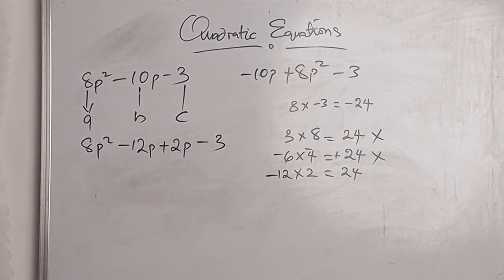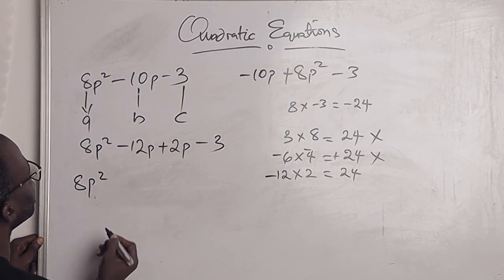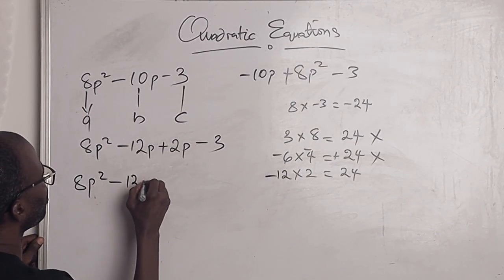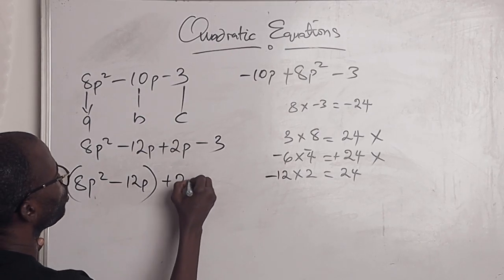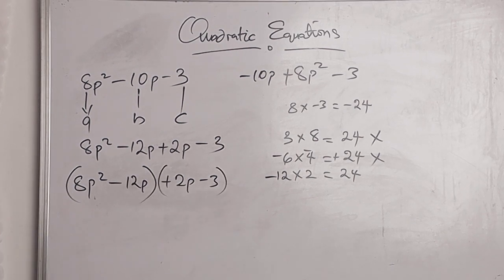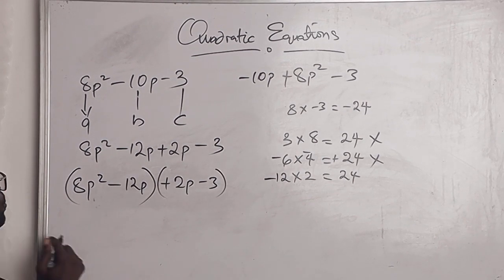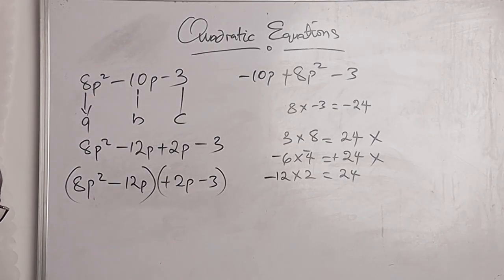So the next thing we're going to do is this: 8p squared minus 12p, put in brackets, then you have plus 2p minus 3, put in brackets. Now, what do we want to do? 8p squared, what is common?